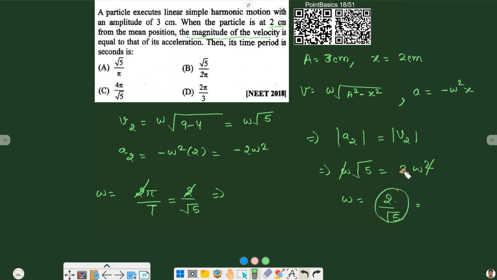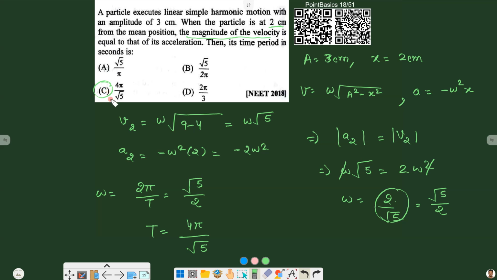It will be root 5 by 2, so we have to correct it here also. So 2 pi by T is equal to root 5 by 2, and from this T becomes 4 pi by root 5, that is option C.